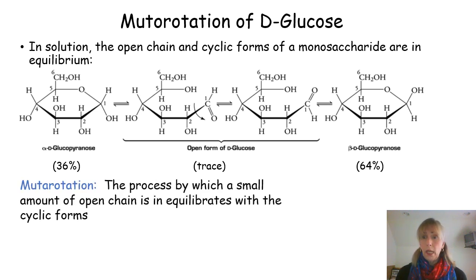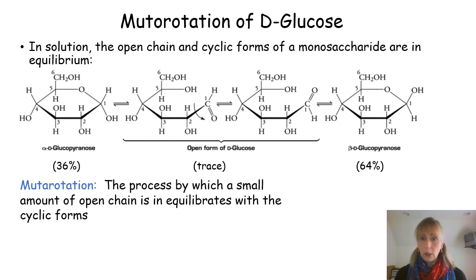This process by which a very small amount, just a trace, of open chain form equilibrates with the cyclic forms, both of them, is known as mutarotation. So we say that monosaccharides such as D-glucose undergo mutarotation.